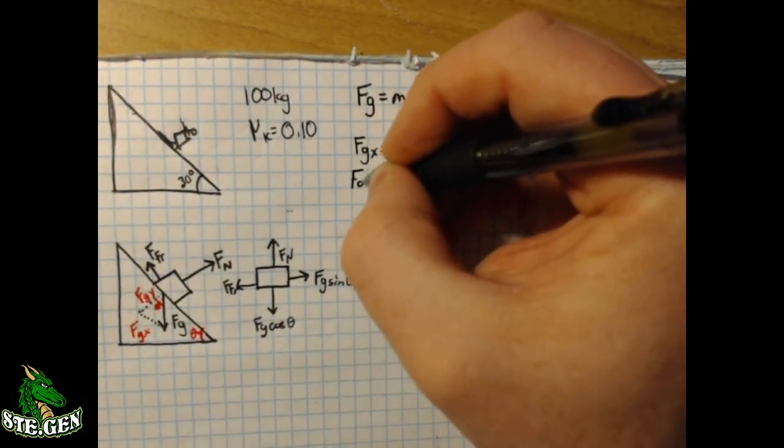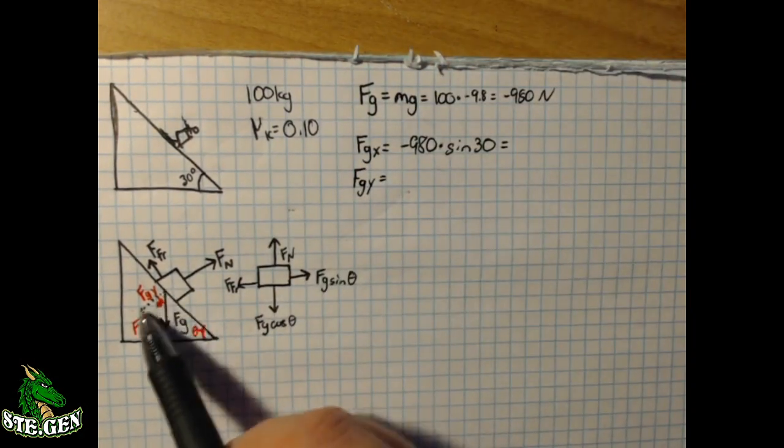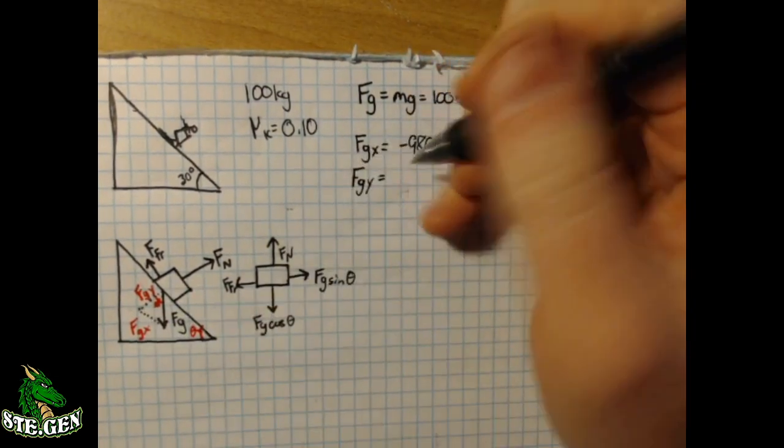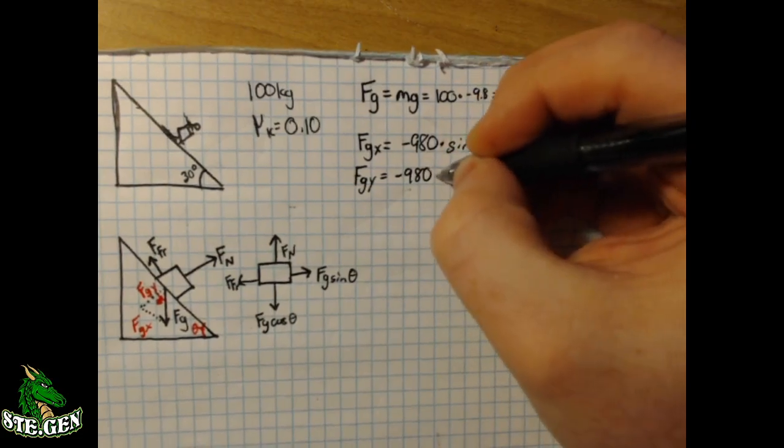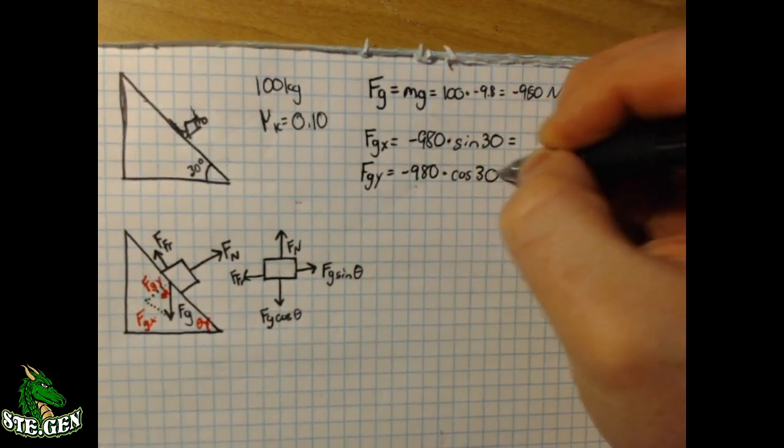And then our force of gravity in the y direction, the direction going downwards here, that's adjacent, so that'll be negative 980 times cosine of 30.